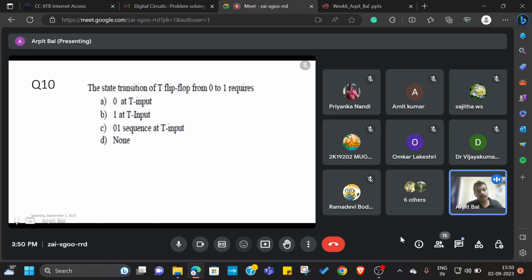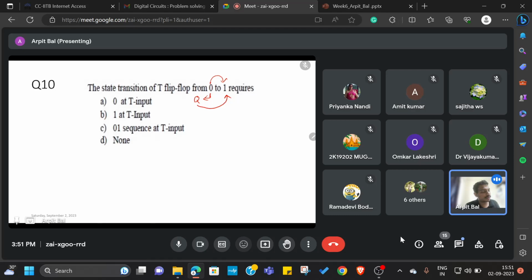Okay. So yeah, this is a bit confusing, but what I want you to realize is that you have to make the transition from 0 to 1. It means that 0 value is already present at the output. So you just need to arrive at this value 1.